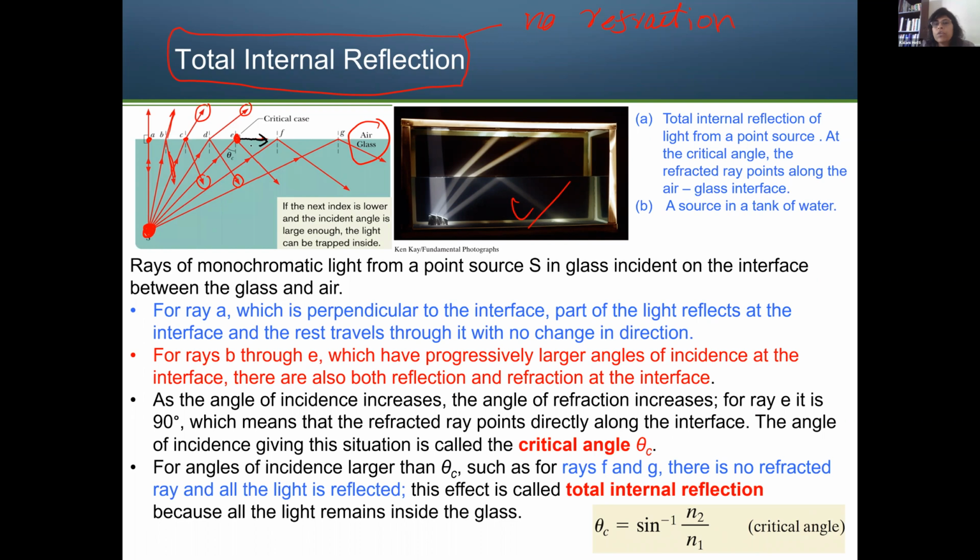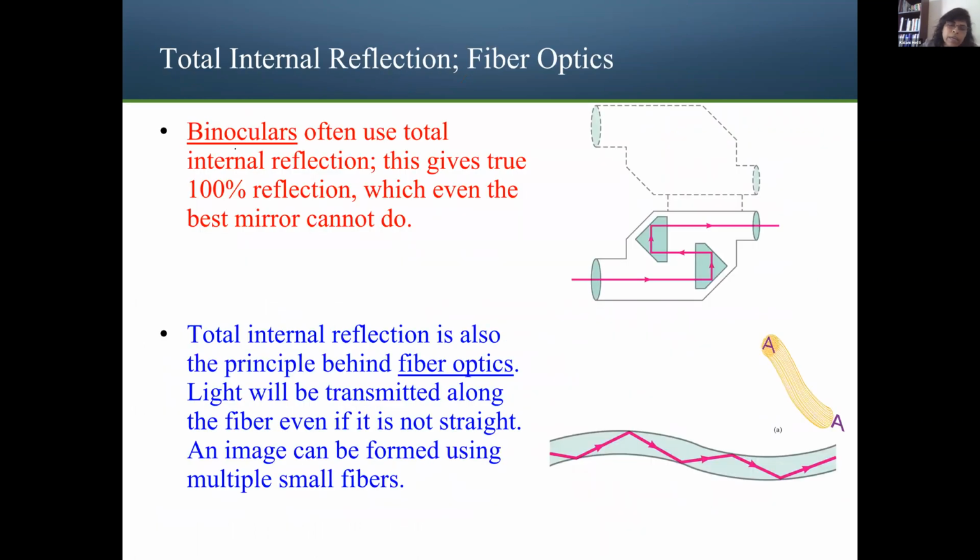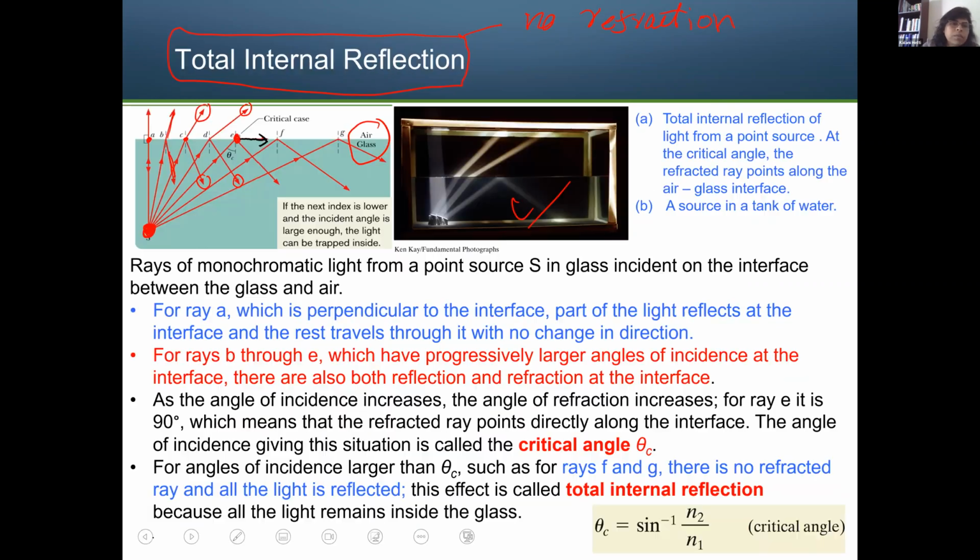So that means no refraction. That is what we call total internal reflection. At that time, your incident angle, we call it the critical angle.